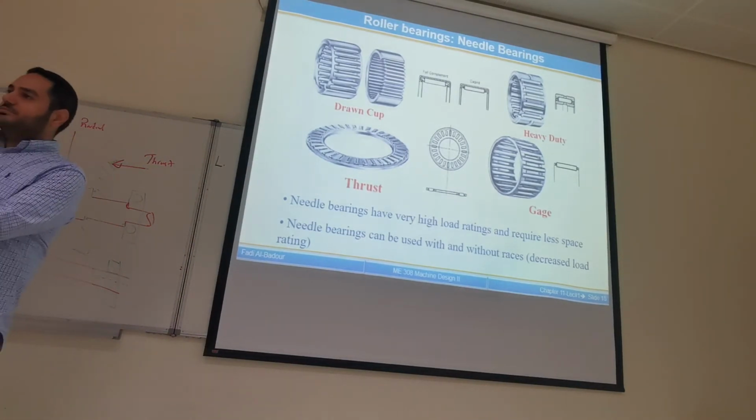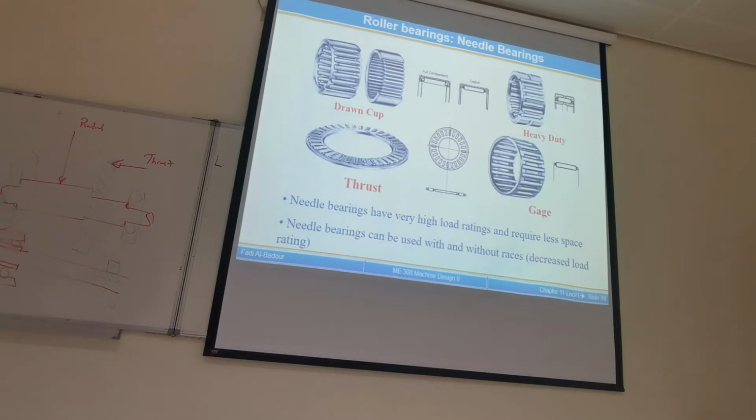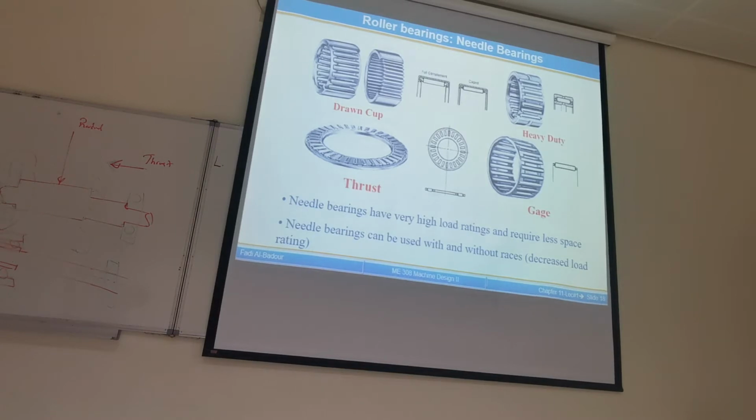It's the size. The size is much smaller in terms of outer diameter. Also, this type of bearing can be with inner ring and outer ring, with outer ring only, with inner ring only, or with nothing, just the rollers and the retainer.